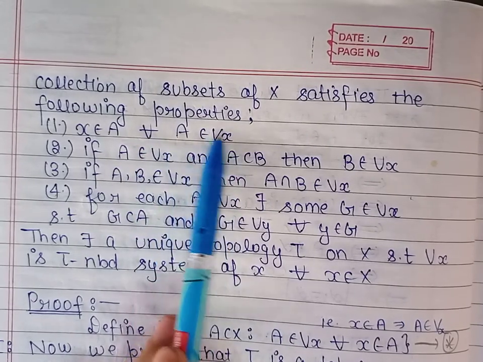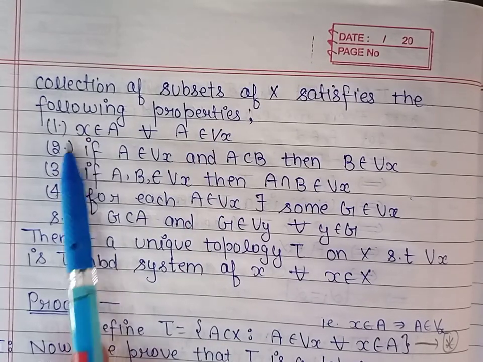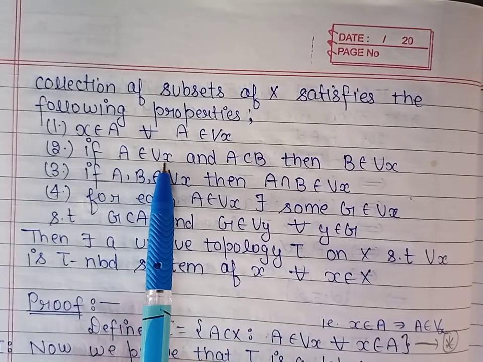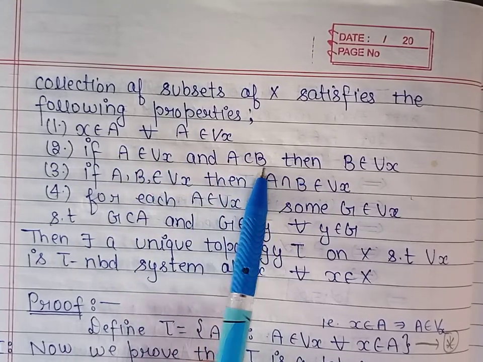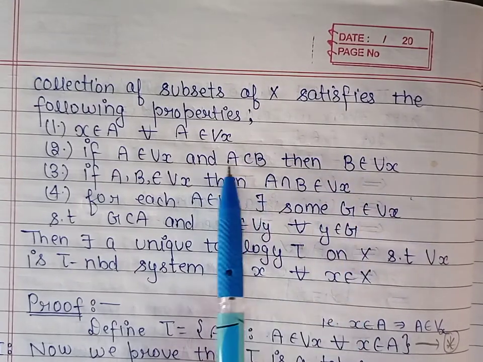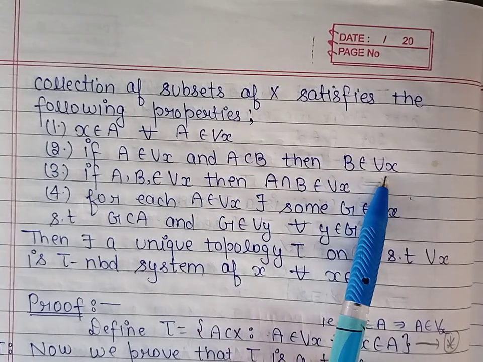Means every member of this collection will contain x. Second property, if A belongs to the collection Vx and A is subset of B, then B also belongs to the collection Vx. It means superset of A also belongs to the same collection.